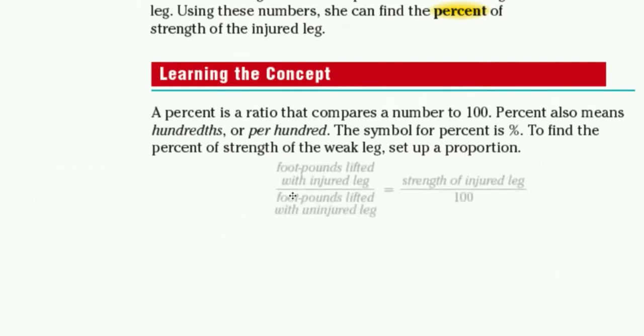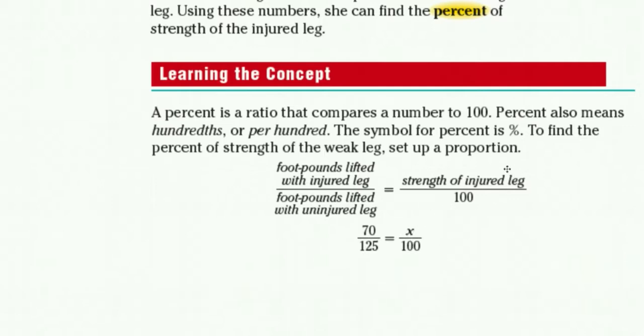The proportion is foot-pounds lifted with the injured leg over the foot-pounds lifted with the uninjured leg equals the strength of the injured leg over 100. Using this proportion, we now have 70 over 125 equals x over 100, because that's what we want to find out, the strength of the injured leg.